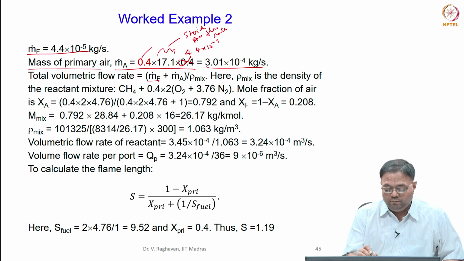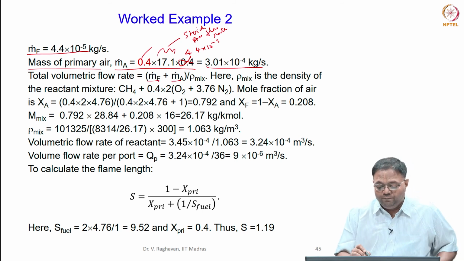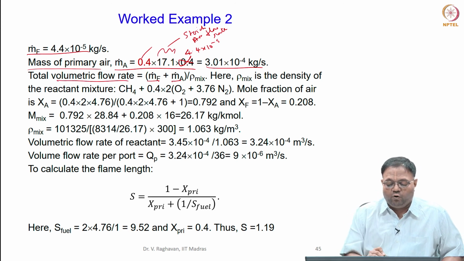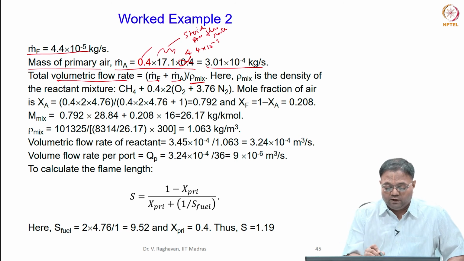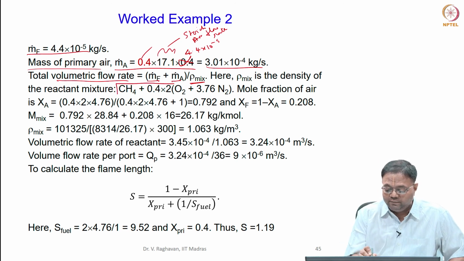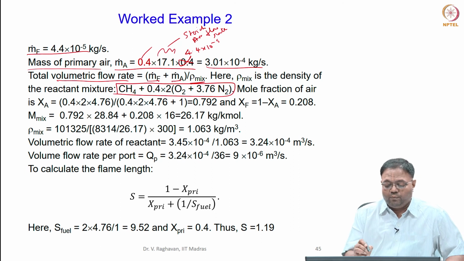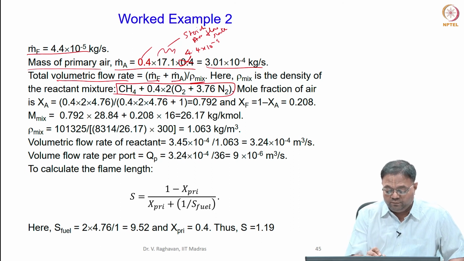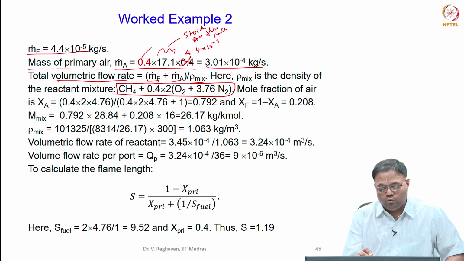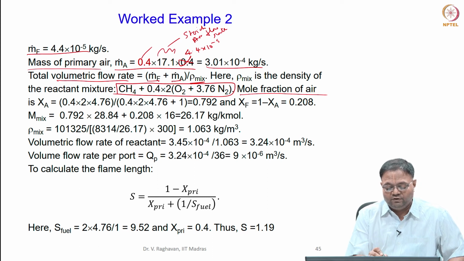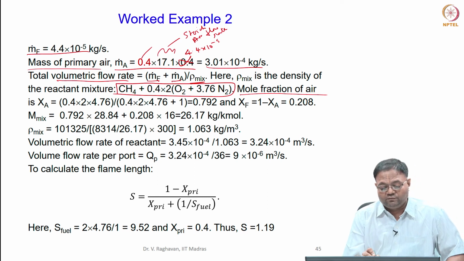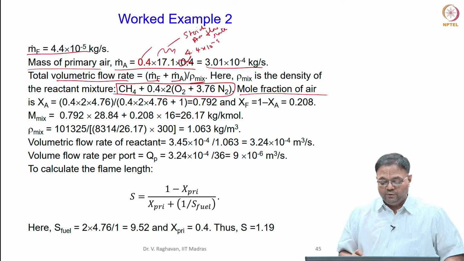Mass flow rate of fuel plus mass flow rate of air, and the volumetric flow rate is what we want, which will be divided by the density of the mixture, calculated again using the reactant mixture shown here. The mole fraction of air is 0.4 into 2 into 4.76 divided by 0.4 into 2 into 4.76 plus 1, where the 1 kilomole of methane is also added.